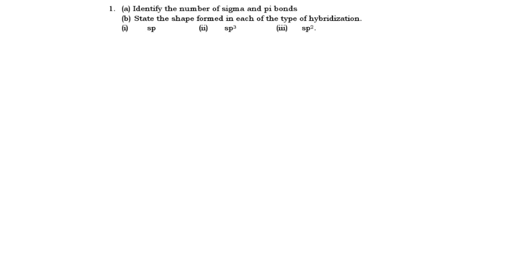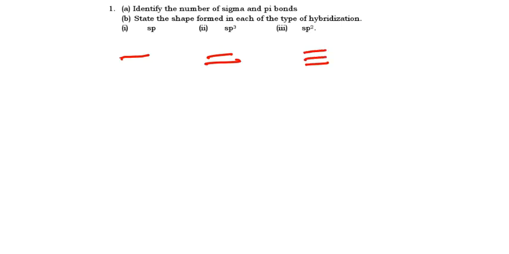One thing that you need to understand is what is a sigma bond and what is a pi bond, and identify how many there are. In the types of bonds that you know right now, we have a single bond, a double bond, and a triple bond.